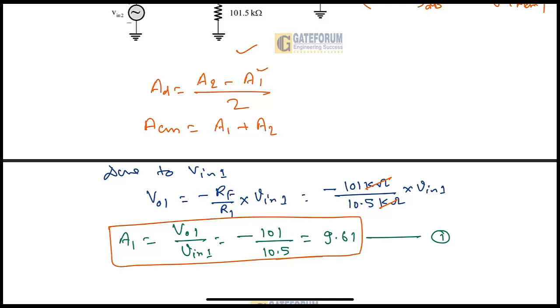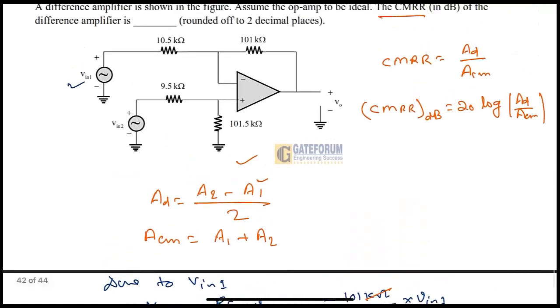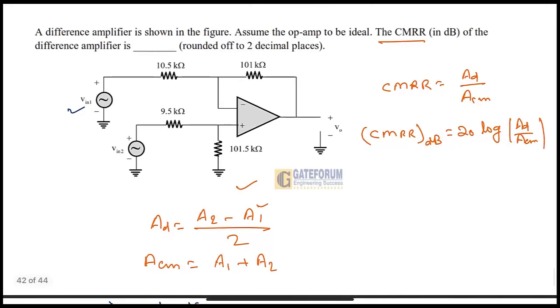So what we got, this A1 value, is 9.61, which we have to use in this equation. Now again we have to calculate A2. A2 is the gain of this circuit because of this V in 2. Whenever we are considering V in 2, as per the superposition, V in 1 should be short circuited so that this terminal will be at the ground.